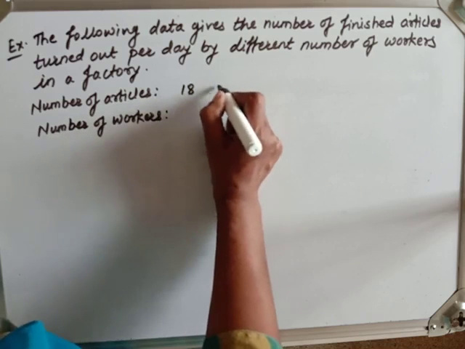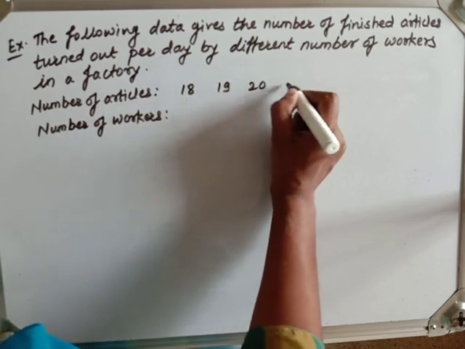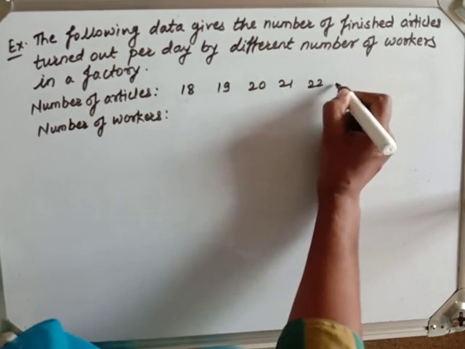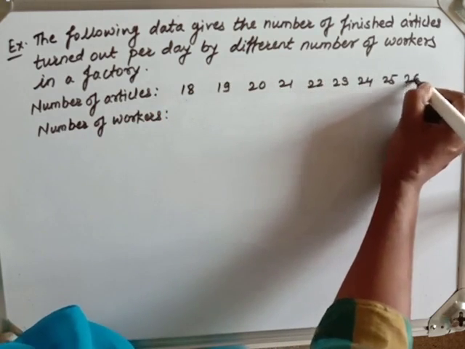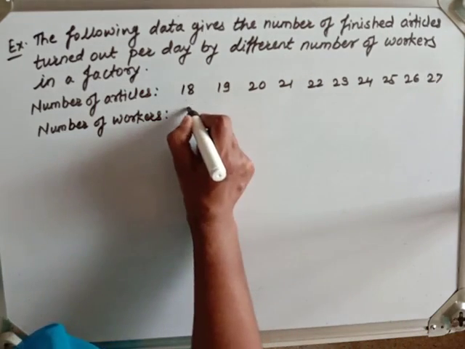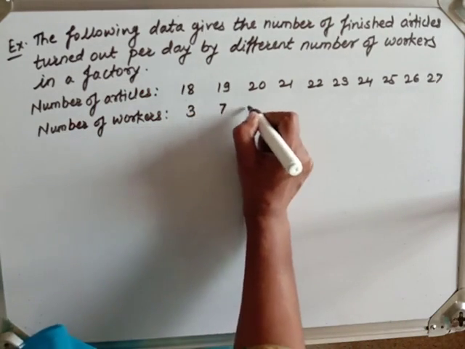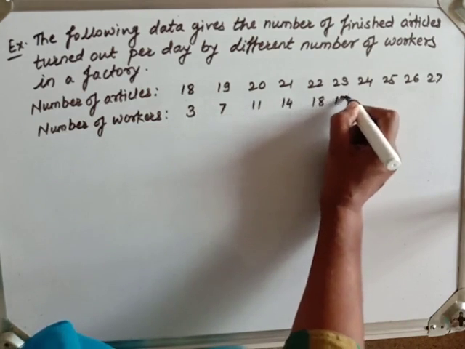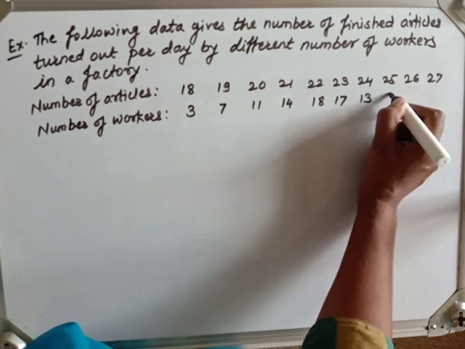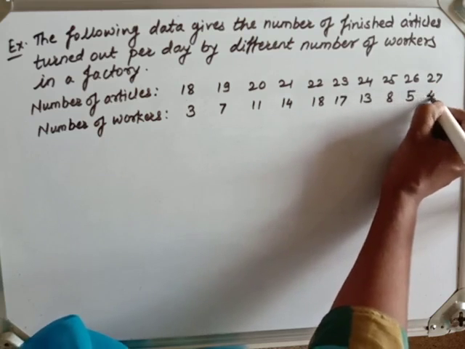So the number of articles are given as 18, 19, 20, 21, 22, 23, 24, 25, 26 and 27, and the corresponding frequencies are 3, 7, 11, 14, 18, 17, 13, 8, 5 and 4.